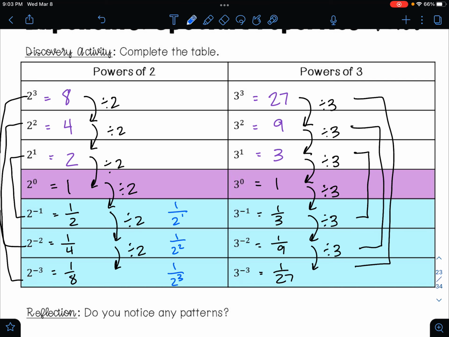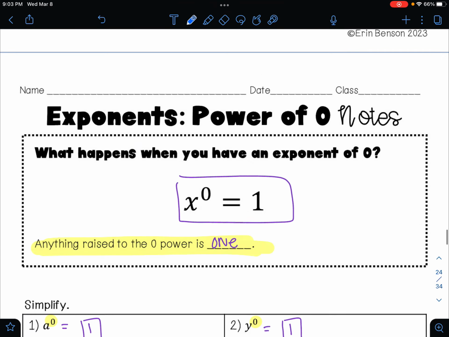Same thing over here. 3 to the negative first power is 1 over 3 to the first, which is 1/3. 3 to the negative second power is 1 over 3 squared, which gives us 1/9. 3 raised to the negative third power would become 1 over 3 cubed, which is 1 over 27. So that's what's happening there.